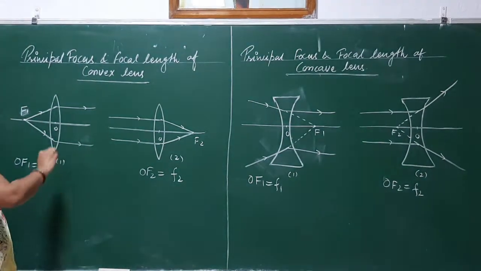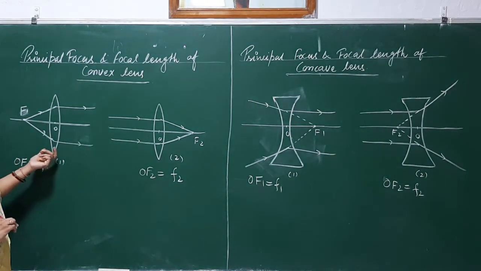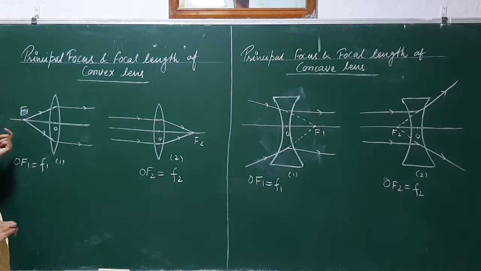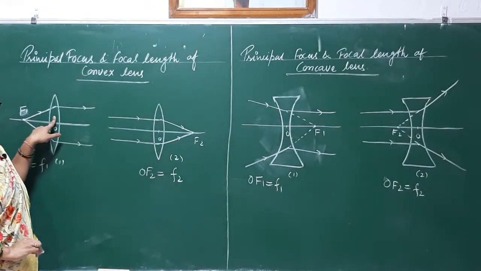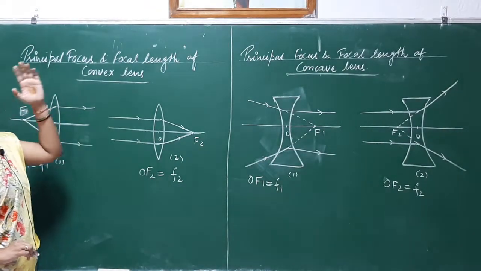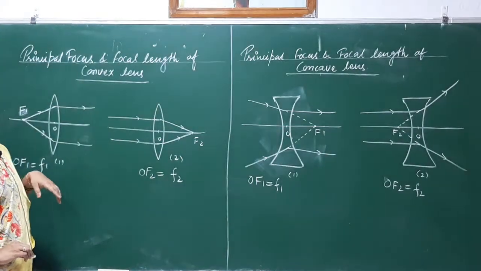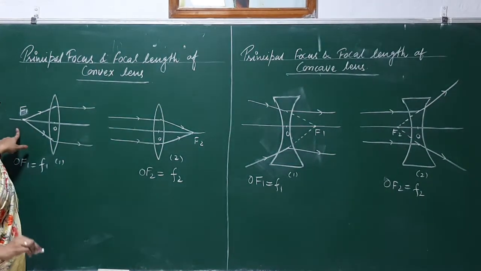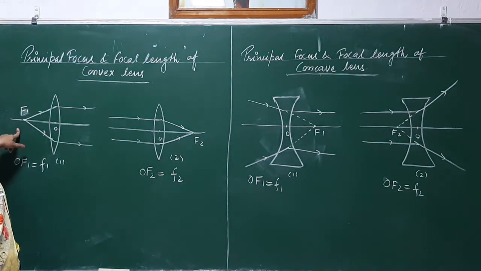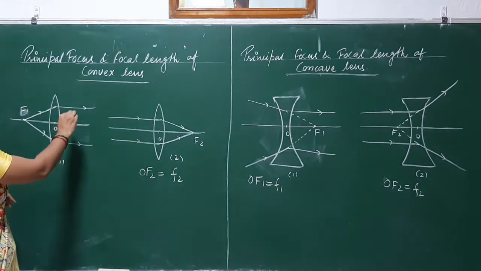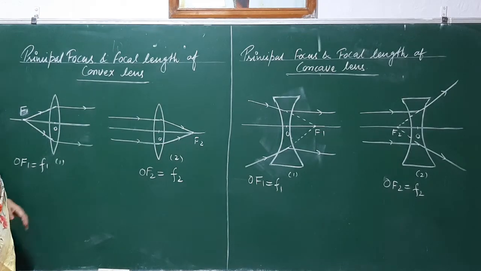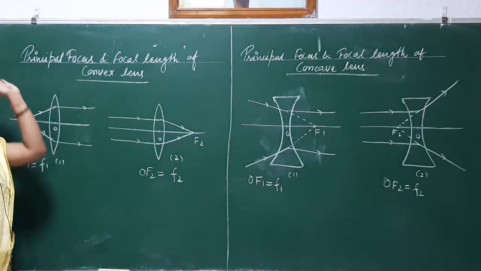So for this we can define the first principal focus as the position of a point object on the principal axis of a convex lens for which the image will form at infinity, okay. It is a position of point object on the principal axis for which the image will form at infinity, okay. These two rays are parallel to the principal axis, so they will meet at infinity, okay.